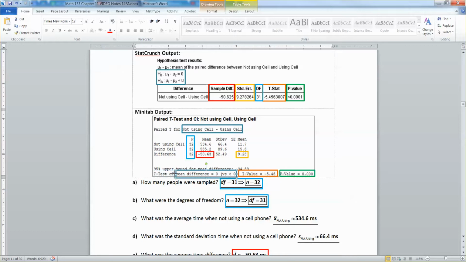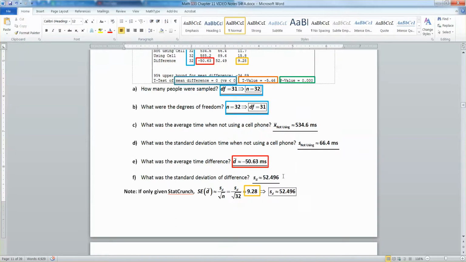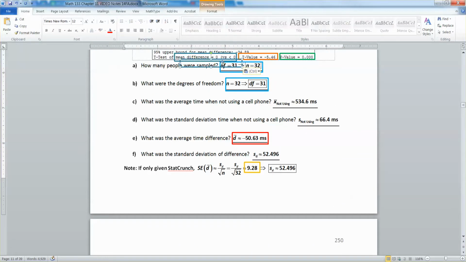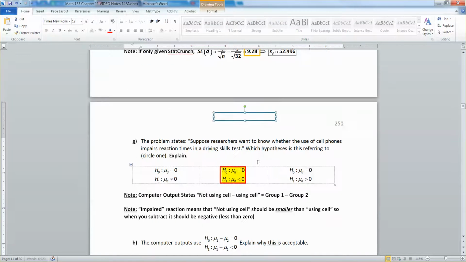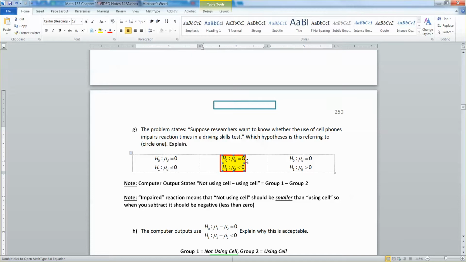It's a t-test of the mean difference, meaning mu d, right? And then it's versus 0, or excuse me, versus less than 0. So that means you're doing a left-tailed test. So it's a little bit hard to read, but that's what it actually is. So that's how we find this value right here. That's the left-tailed test. But now let's explain why that works.